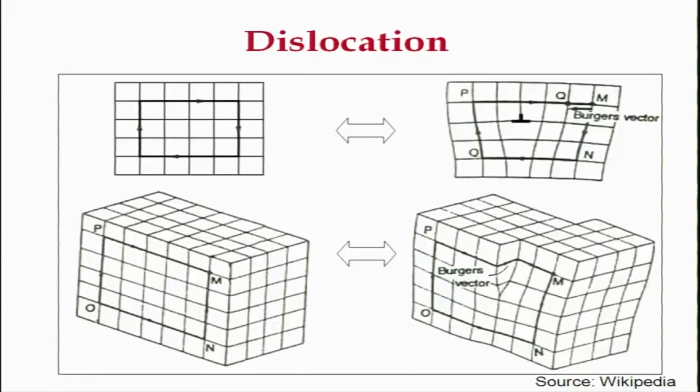If you draw this point somewhere within the crystal, parallel to it you will have a line like that. Here this is the B vector, this is the T vector. So B and T are now parallel to each other, whereas in the edge case B and T were perpendicular. If I draw the side view, this is the point of the dislocation line, this is T, and B will be in this direction as well.